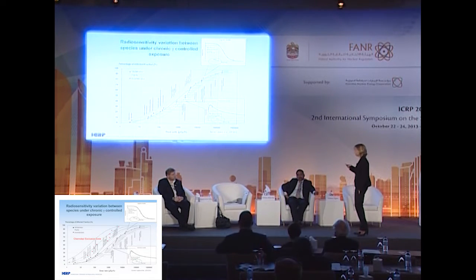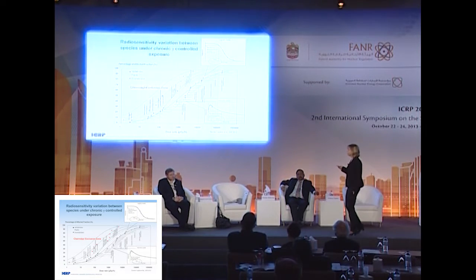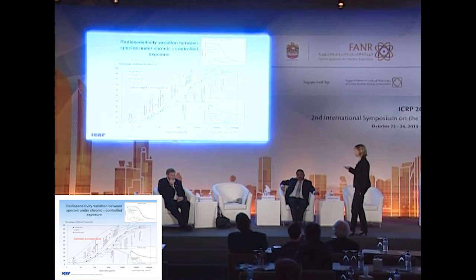If we do the same meta-analysis for data acquired in the field, and especially for data acquired in the Chernobyl exclusion zone over the last 15 years, we have observed a shift of the sensitivity on the left tail by a factor of 5 to 10.